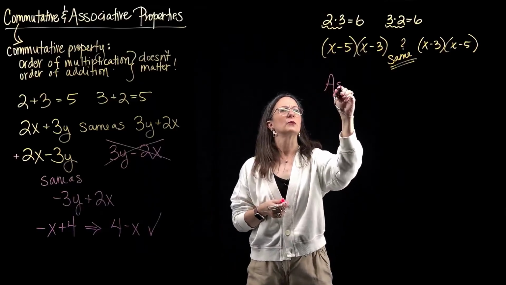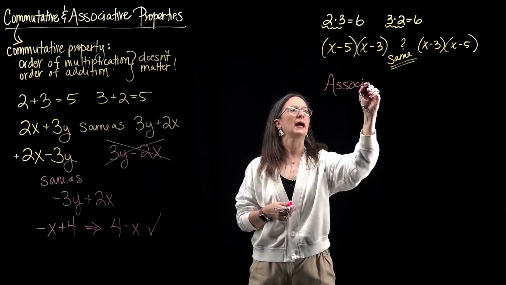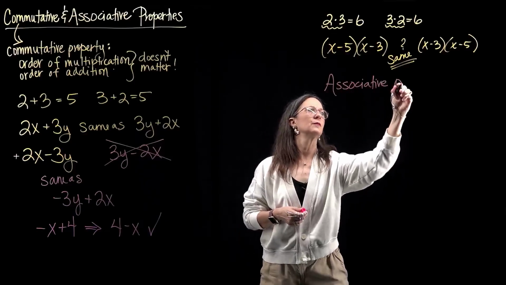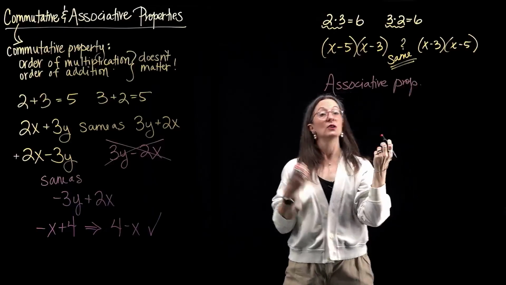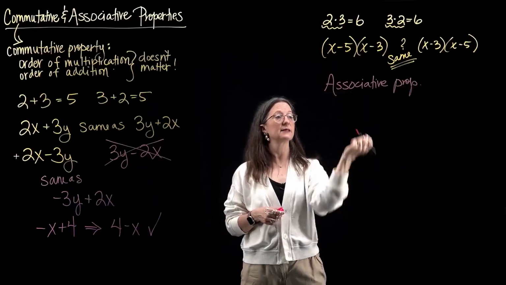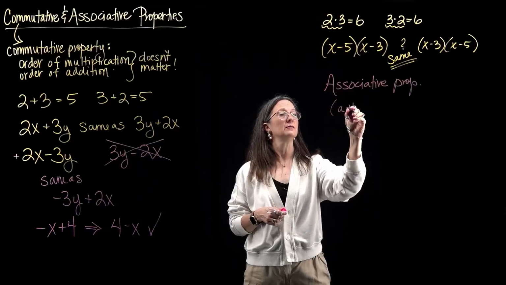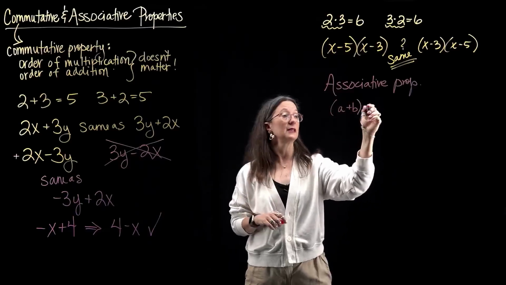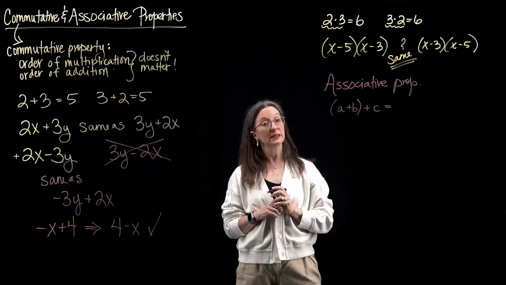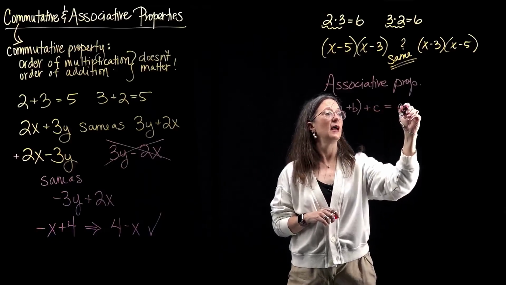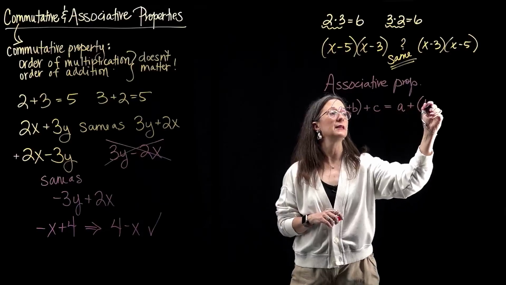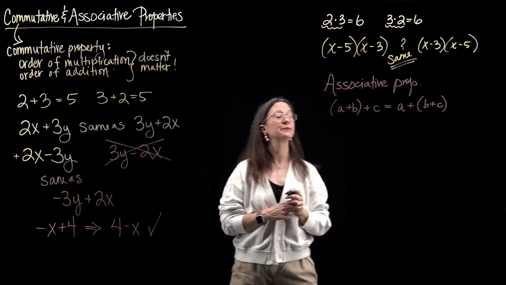All right. Now associative, let's talk about associative property. I'm just going to write this one out and we'll unpack it. So associative property says that a plus b in parentheses plus c is the same thing as a plus parentheses b plus c.